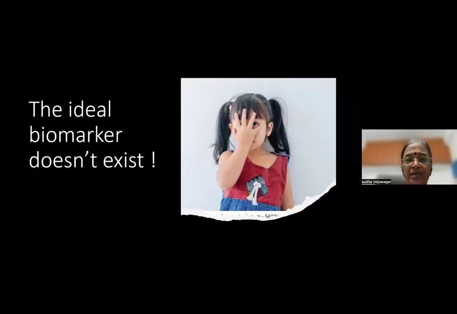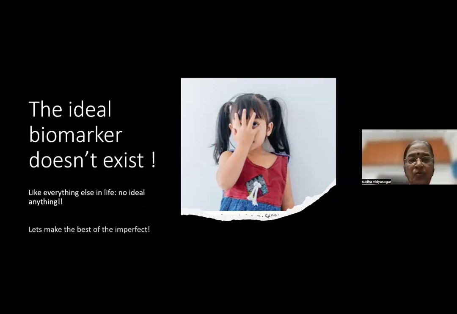But as we can all see, the ideal biomarker doesn't exist. Like everything else in life, there is no ideal anything. So what we have to do is make the best of the imperfect things that we have. That is when we should understand how these biomarkers can be used in the diagnosis of sepsis, and where are their positive points and where are their negative points.